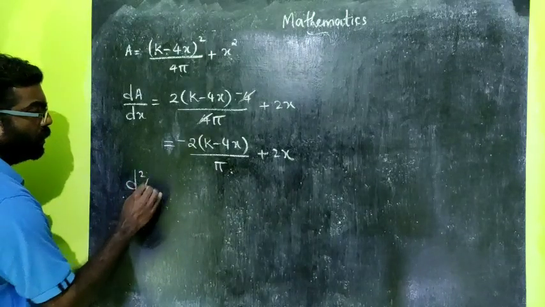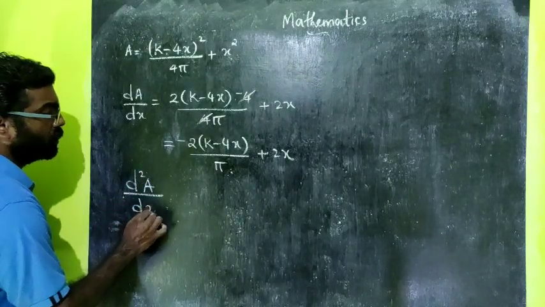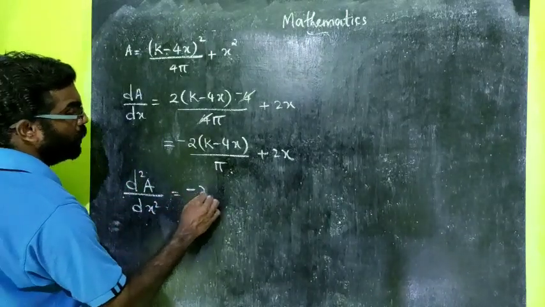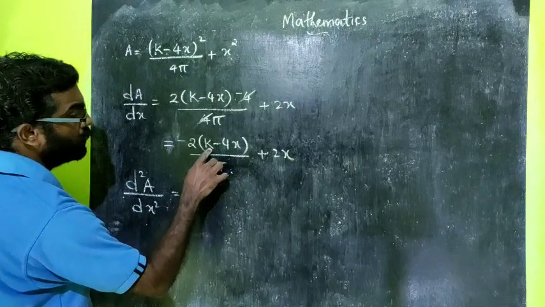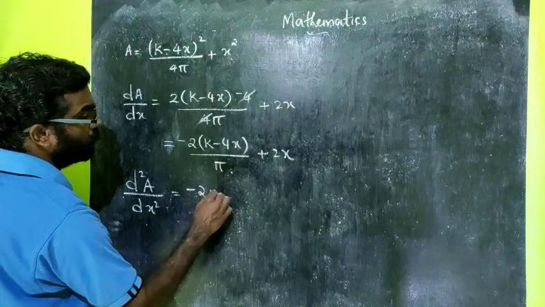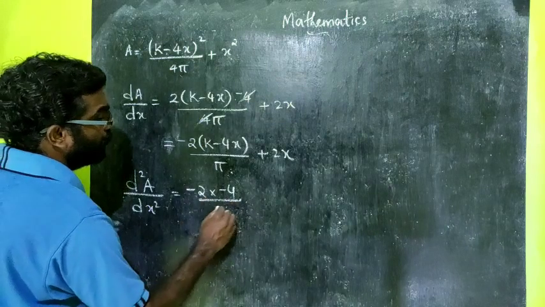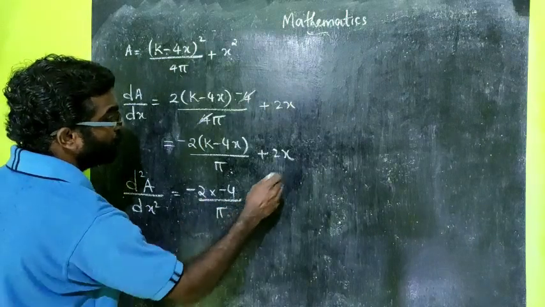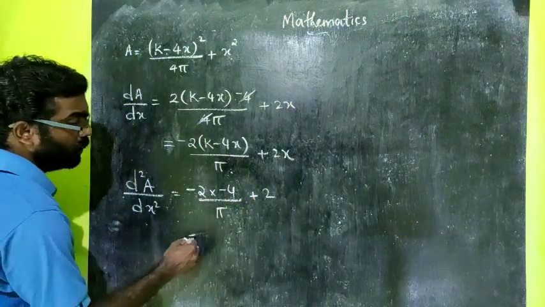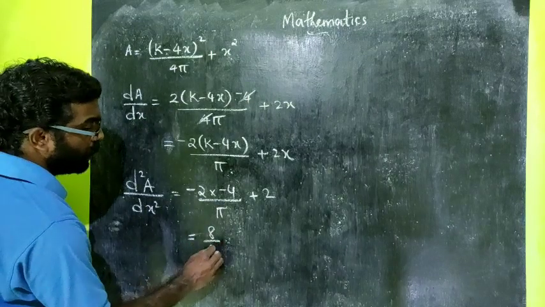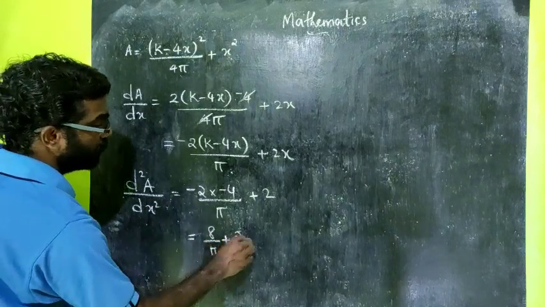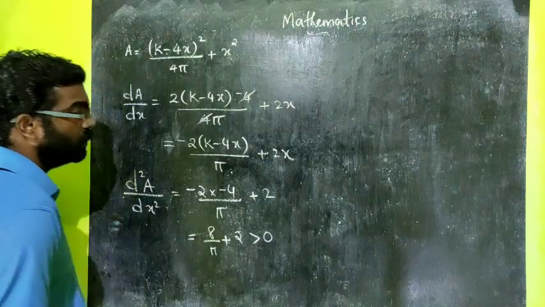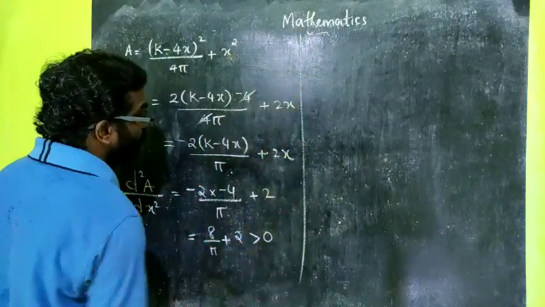Now we can take the second order derivative: d²A by dx² is equal to minus 2 into the derivative of a constant, which is 0, so here minus 4. Minus 2 into minus 4 divided by π, then plus 2 into 1, 2. That is 8 by π plus 2. Clearly it is greater than 0. No need to check the critical point.